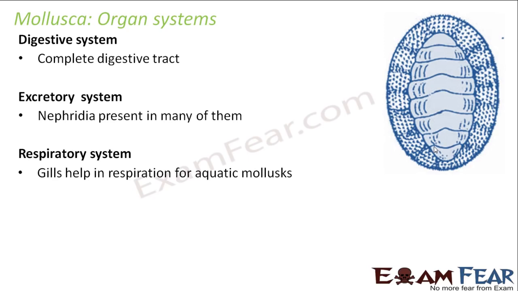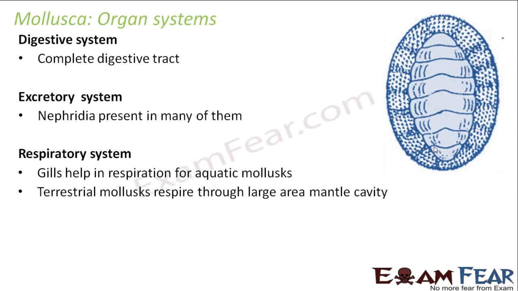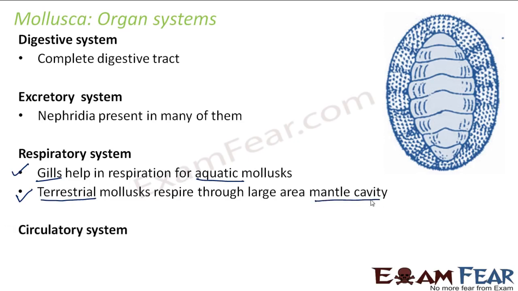Through that large area of the mantle cavity, the respiration happens in case of terrestrial mollusks. So gills for aquatic mollusks, and for terrestrial mollusks, the mantle cavity is useful. Circulatory system, they have open circulatory system, so no blood vessels involved.